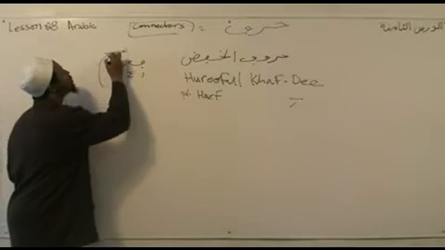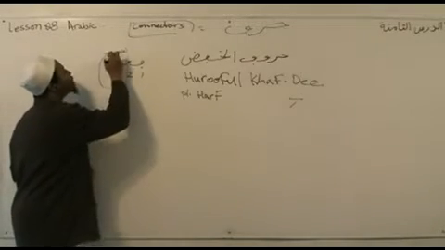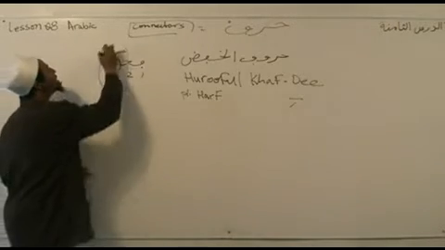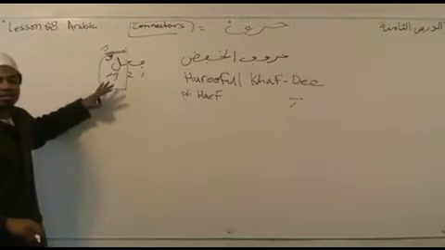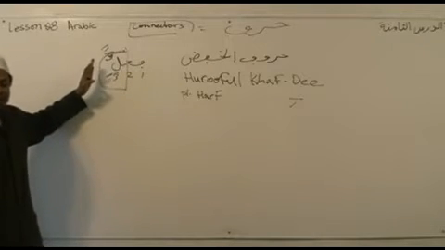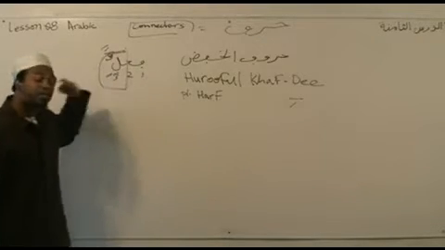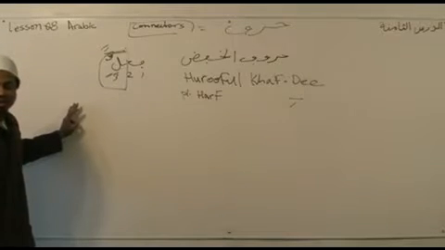A fatha, a dhamma, a kasra, dhammatan, which is 2 dhammas, or fathatan, or kasratan. All these things that happen on the last radical make a difference in explaining what's happening in this sentence.